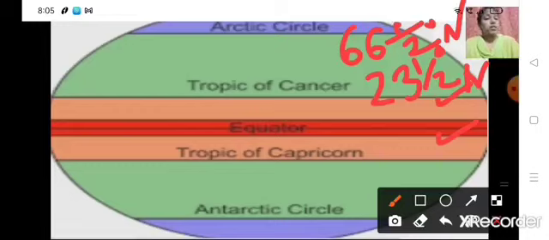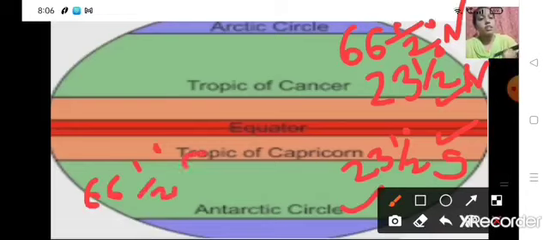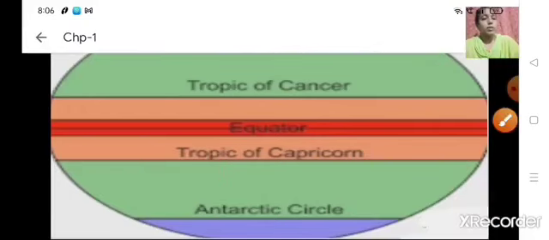Similarly, in the southern hemisphere, we have Tropic of Capricorn at 23.5 degrees south and Antarctic Circle at 66.5 degrees south. I hope it is clear, children.